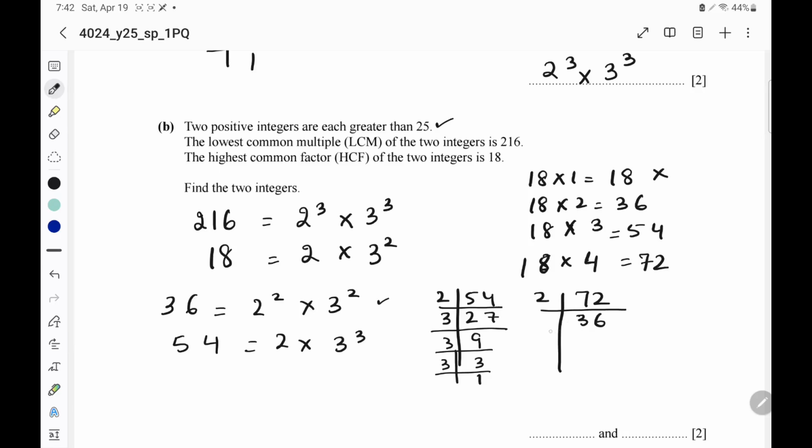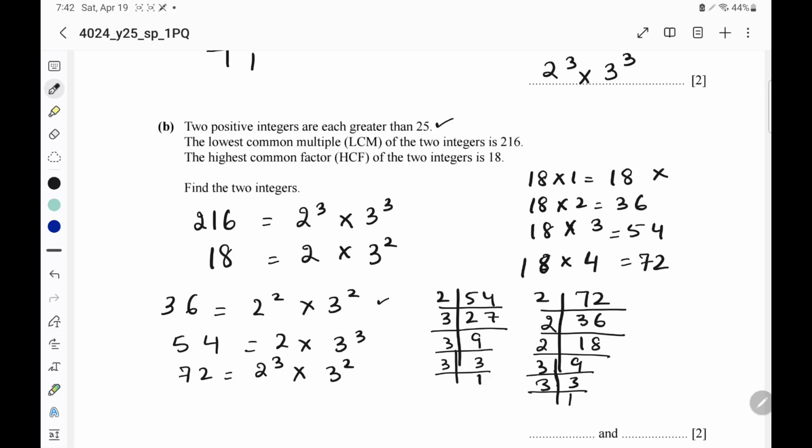Now this is 2 times 18, 2 times 9, and 3 3s are 9, and 3 1s are 3. So 72 is 2 cube into 3 square. Let's check whose LCM is 216 and HCF is 18 in this question.